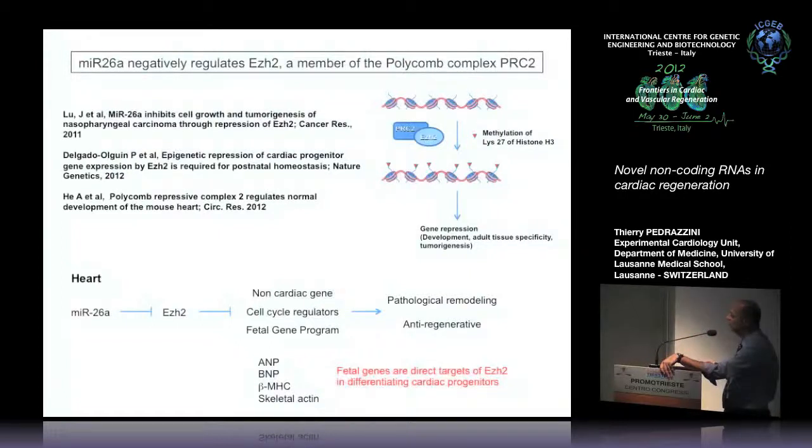And the gene repression that is established during development is important for adult tissue specificity. So hundreds of targets have been identified for ICGEB in this situation. The non-cardiac genes, obviously, but also cell cycle regulators, inhibitors of the cell cycle in this case, and also the fetal gene program.